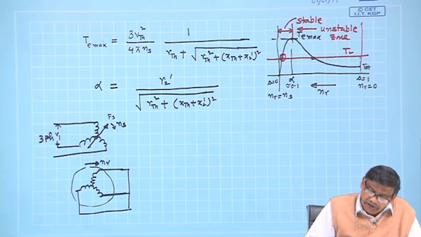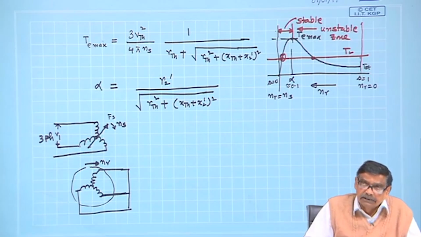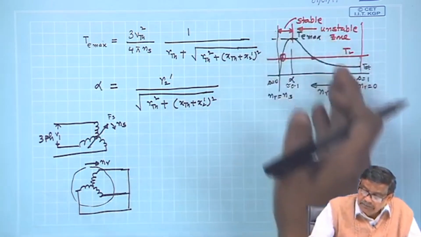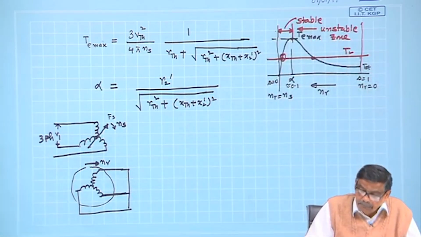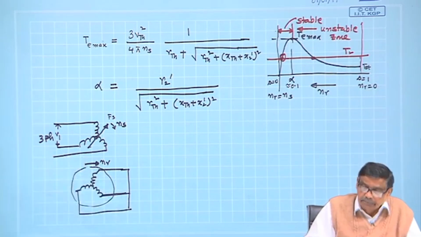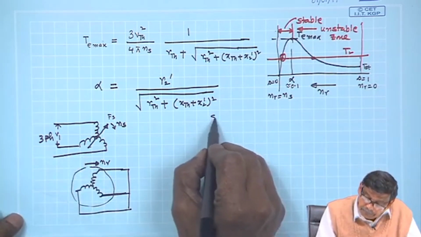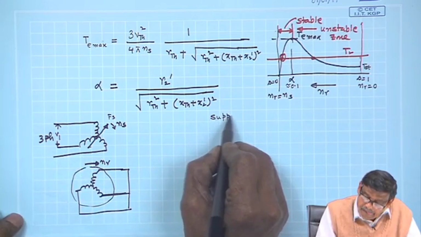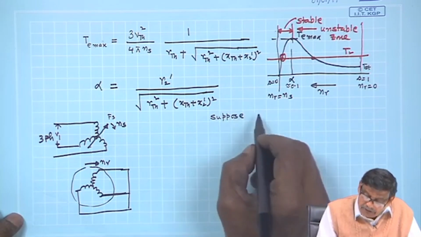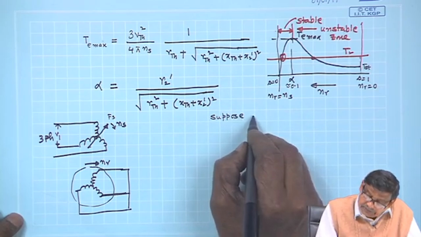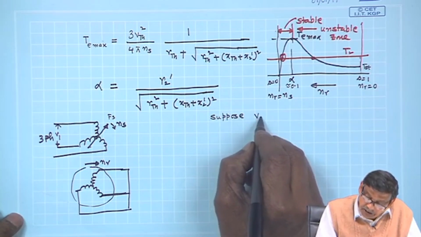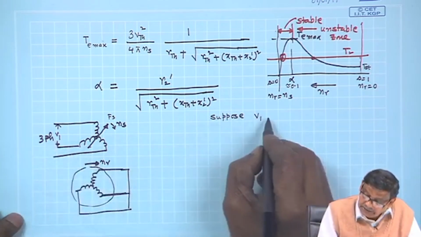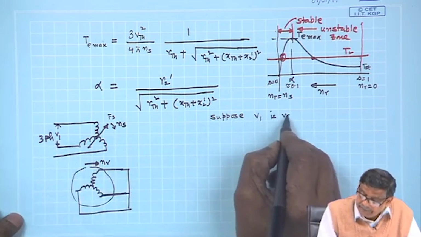Now, if you change the supply voltage, how this torque slip characteristics is going to modify, let us first examine. Suppose we vary the supply voltage, V 1.